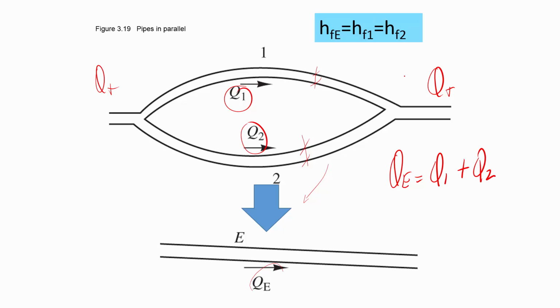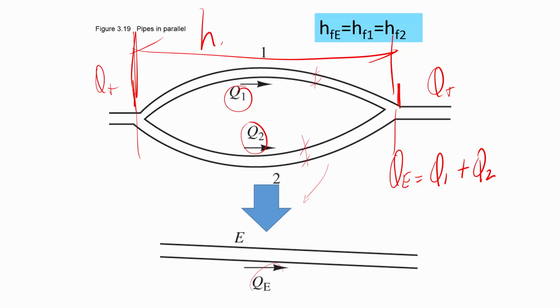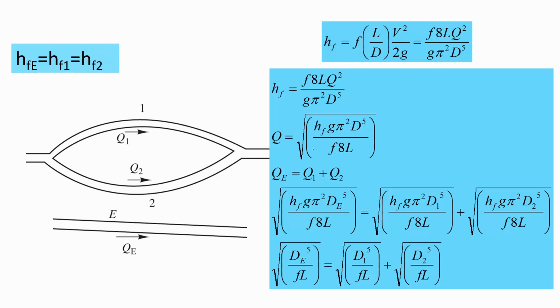But in this case, what we have the same is the head loss across this parallel series. So the head loss from point 1 to point 2 through pipe 1 has to be the same head loss from point 1 to point 2 through pipe 2. Okay? So in this case, what we have that's equal is the losses.